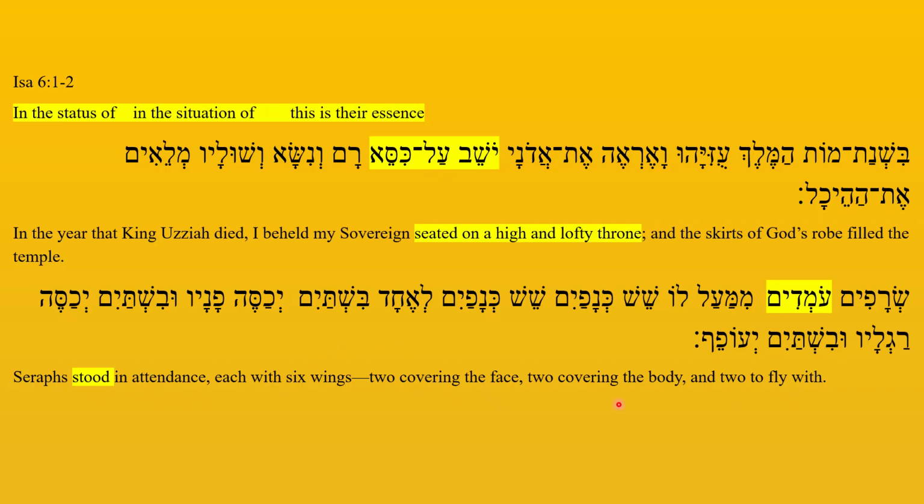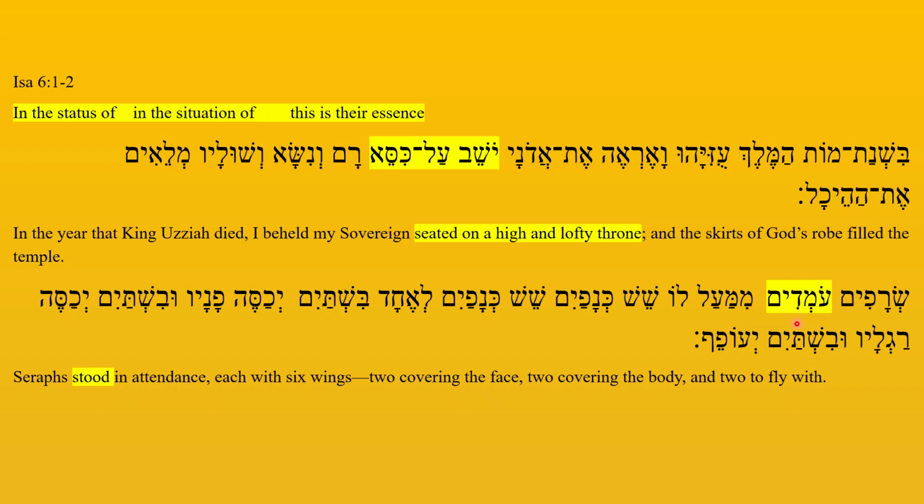And going on here, also the seraphim, the seraphs, stood, omadim, stood in attendance. Participle, stood, or the seraphim who were standing. That idea then is that's their essence.